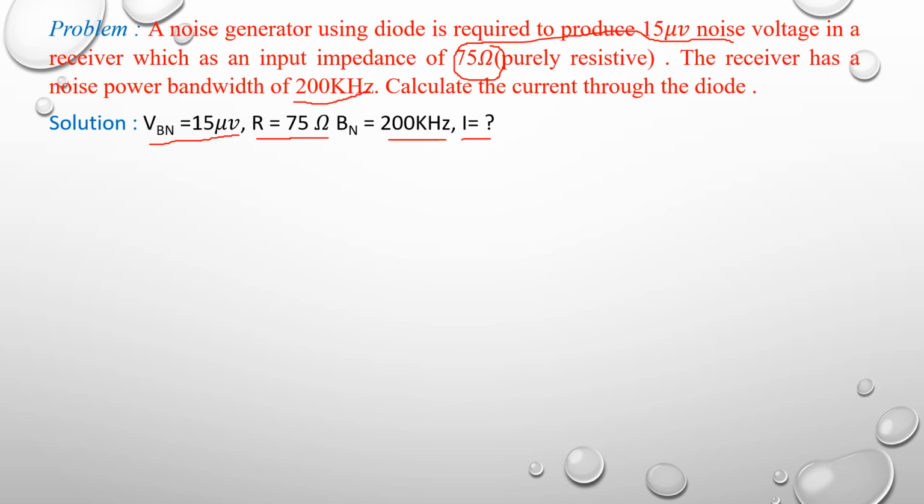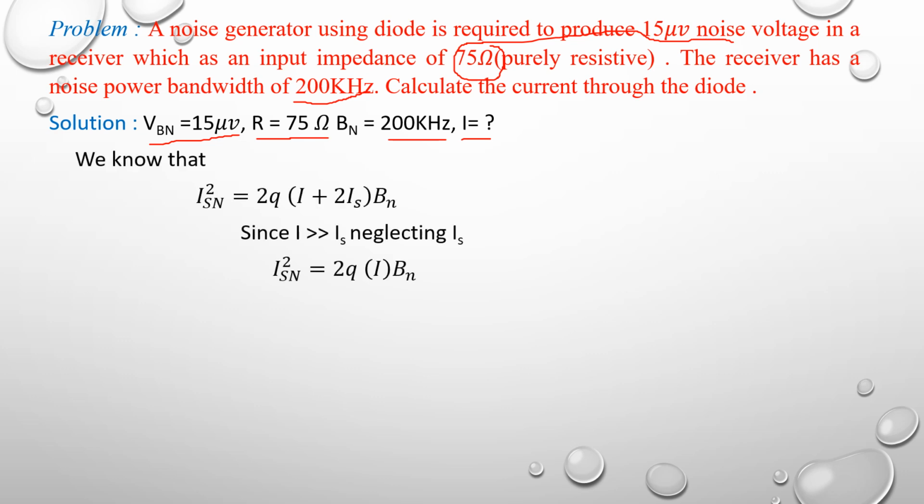First, list out the given data. VBN is equal to 15 microvolt, resistor R is equal to 75 ohm, and BN is equal to 200 kilohertz. We know that ISN square is equal to 2Q into (I plus 2IS) into BN. This is the shot noise equation.